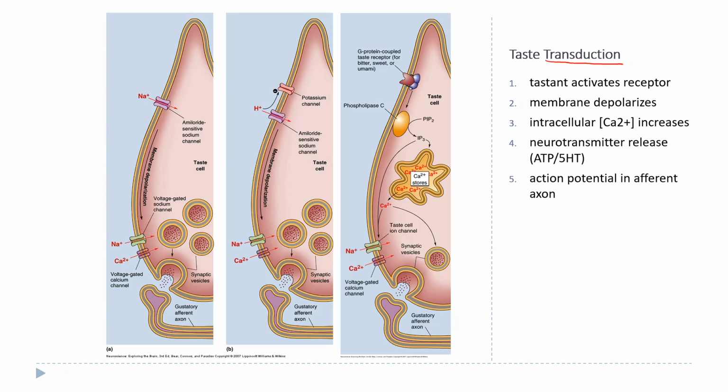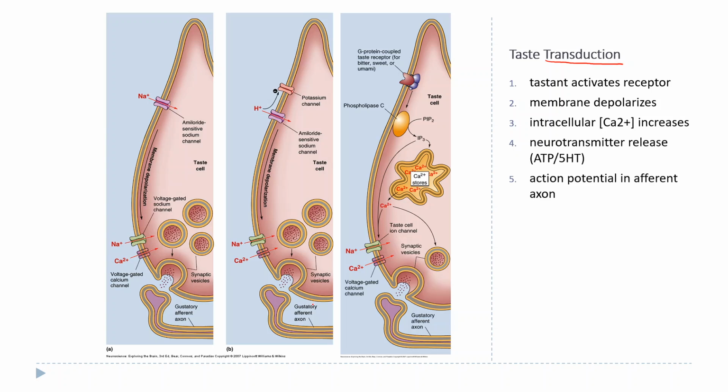So these cells have synaptic vesicles, and they're typically releasing serotonin. They release serotonin into a synaptic cleft, just like a neuron would, onto the postsynaptic membrane of one of these gustatory afferent axons.